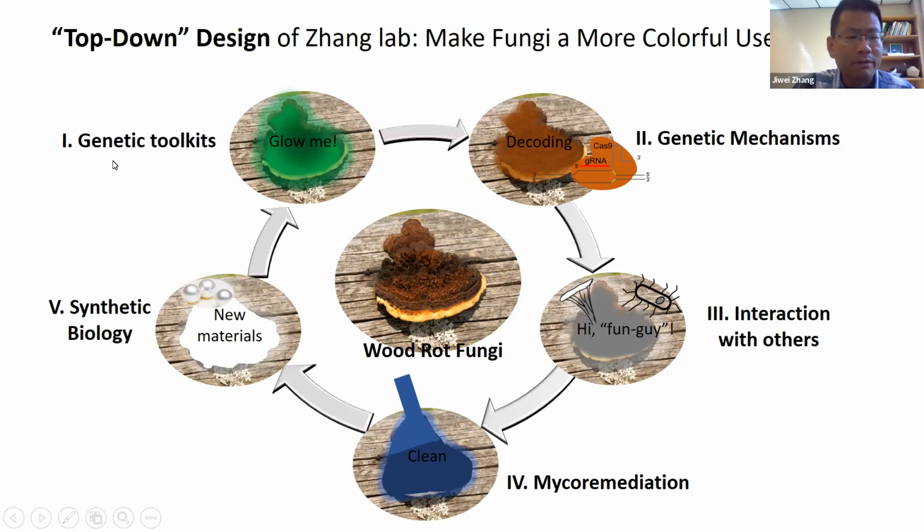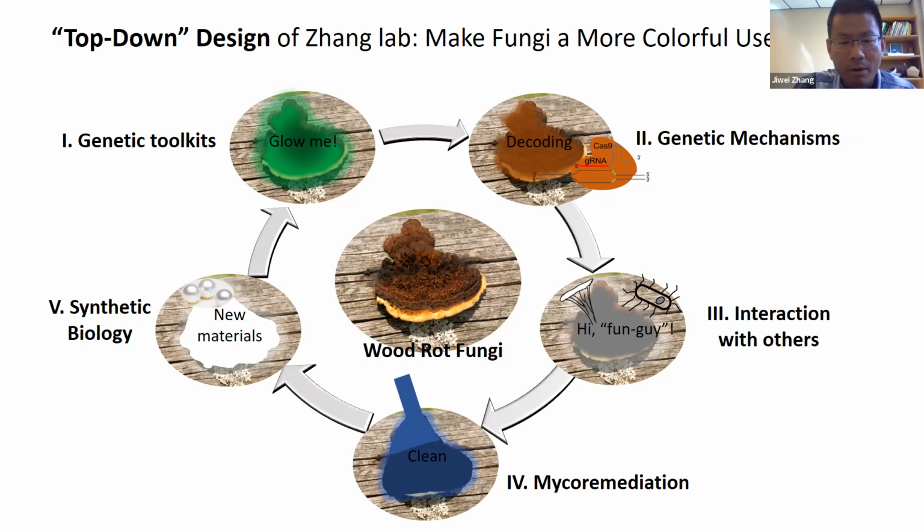So first, we wanted to develop genetic tools to understand the fungal mechanisms. We're using some reporter genes to develop the genetic tools in our fungi. As a little background, no groups in the world have really developed genetic transformation or genetic manipulation in our model wood decay fungus, which is a brown rot fungus.